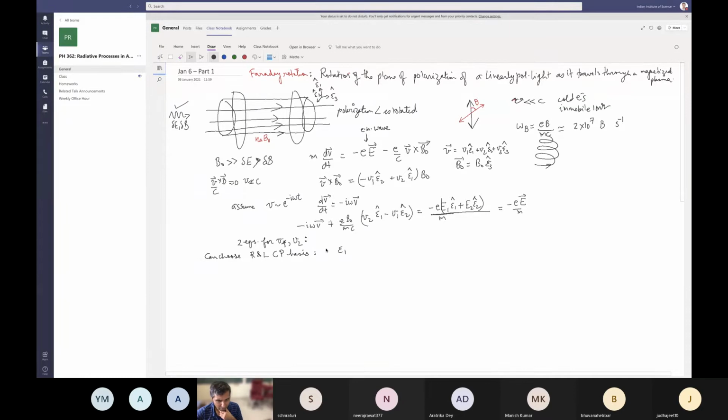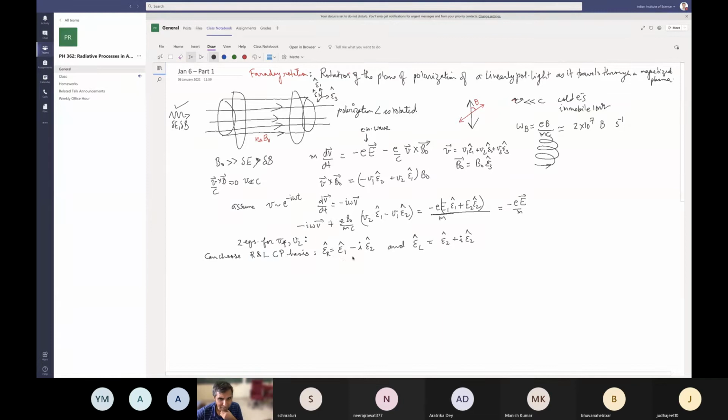Epsilon R hat is equal to epsilon 1 hat minus iota epsilon 2 hat, and epsilon L hat is the corresponding combination with the opposite sign. So what does this represent?